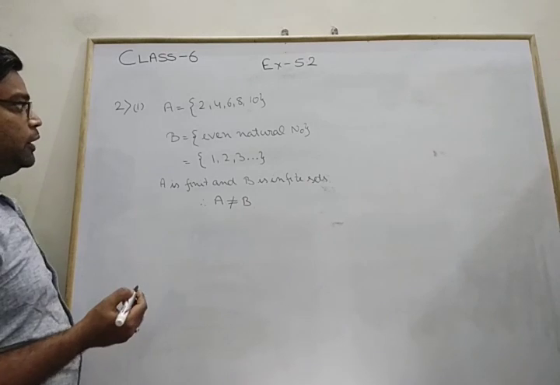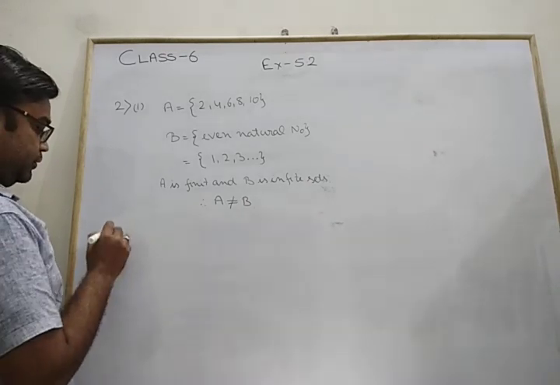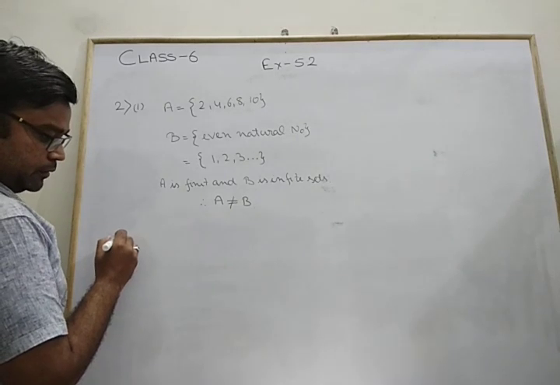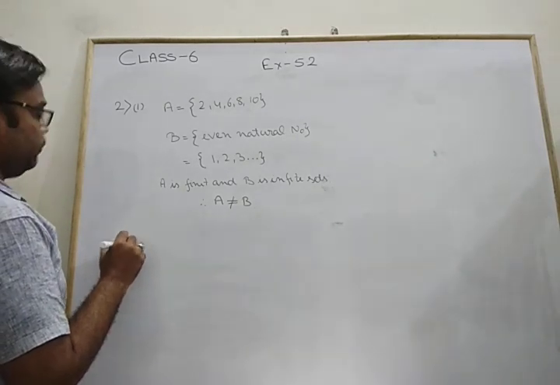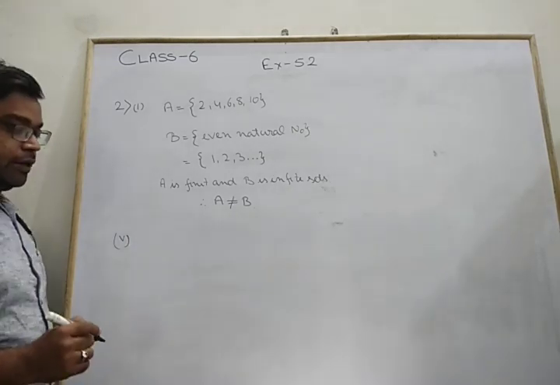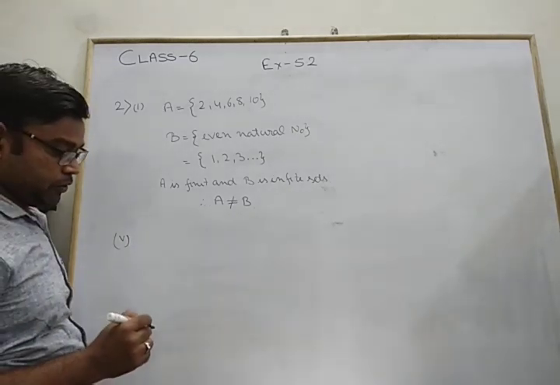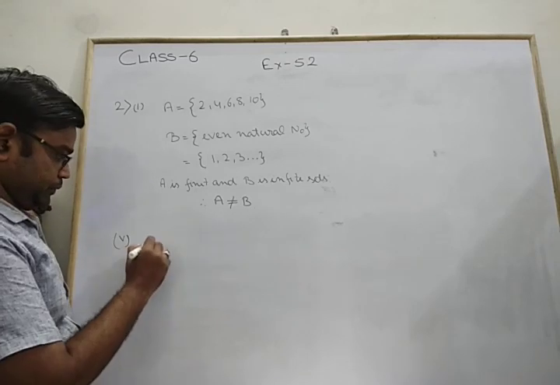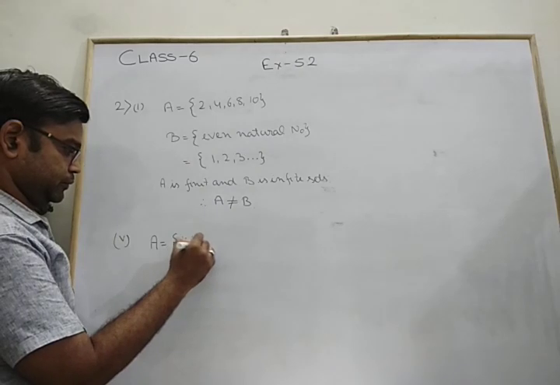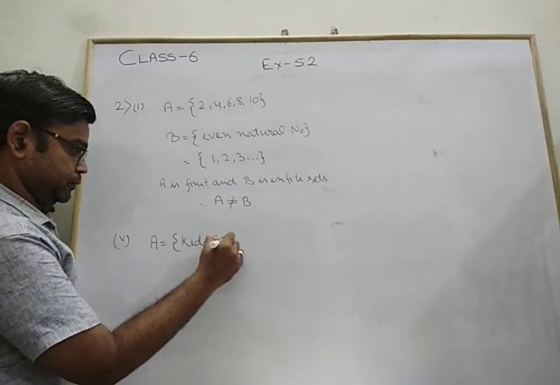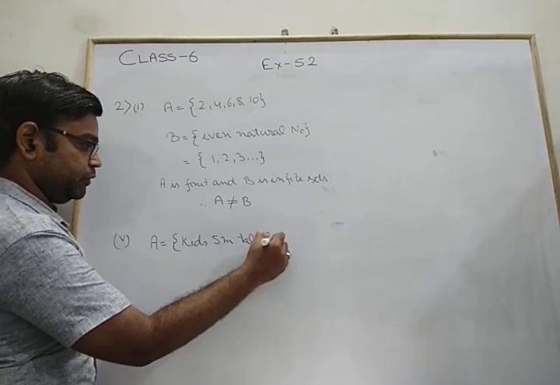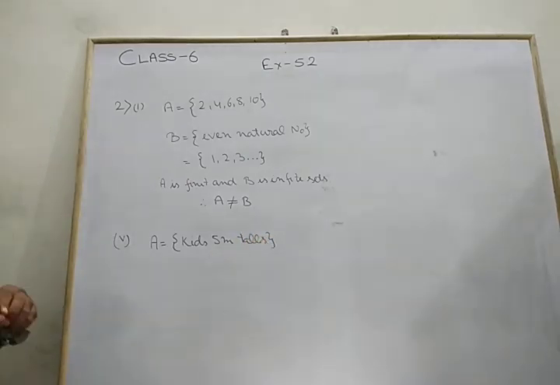This is the second first. Now, there is question number 2, fifth. One from the starting, one from the last, the rest 3 you must do. Kids 5 meters tall. Very interesting one. What is the meaning of 5 meters?